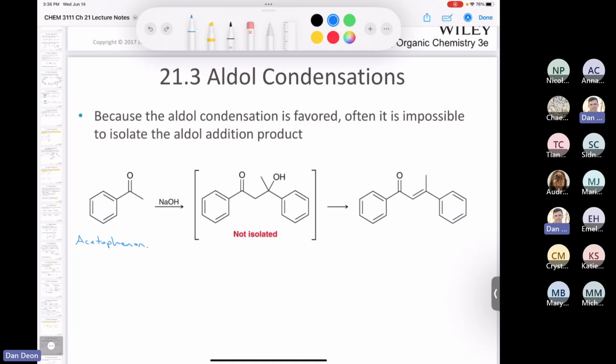You don't even get the aldol addition product. You go straight to the aldol condensation product, right? Why is that? Could anybody guess why you don't even isolate the aldol addition product? You go straight to the aldol condensation product in this example?